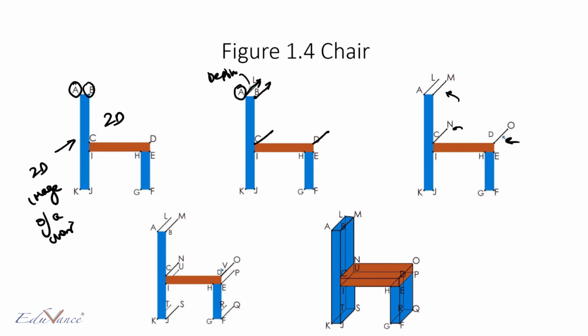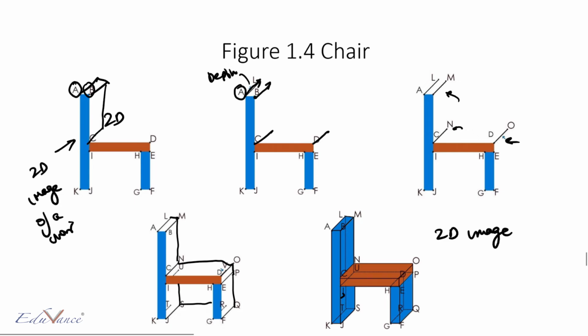Then you take all the other points, extend them, and start connecting them like this. So now as you can see, I have taken the 2D image of my chair, taken my points, extended them, and connected them.